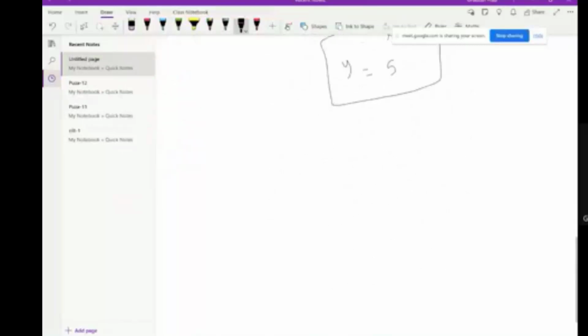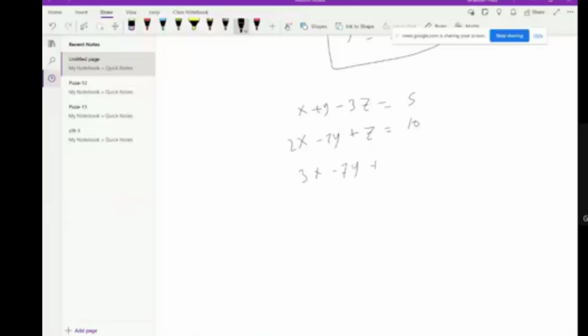But if we have a system like this, for example, x plus y minus 3z equals 5, and 2x minus 2y plus z equals 10, and 3x minus 7y plus 8z equals 20, for example.